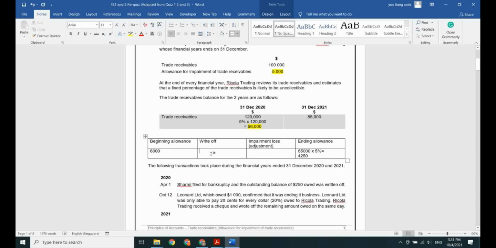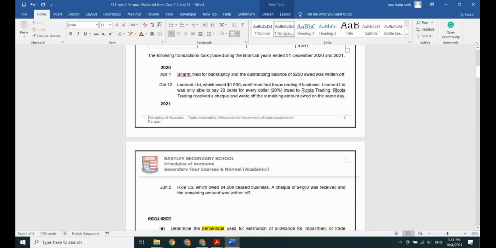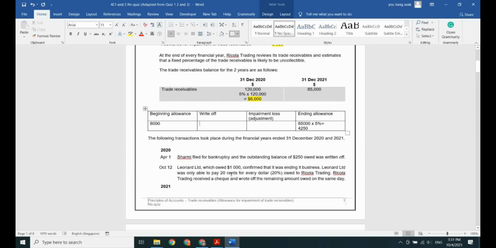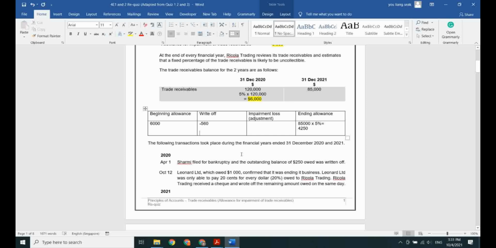And the write-off that happened for the year, because the customer paid back 4,000, will be only $560. After minusing off 560 from 6K, our remaining allowance for impairment loss of trade receivables will be 5440. So in this case, we need to reduce the balance, right? Because the desired ending allowance is only 4250.